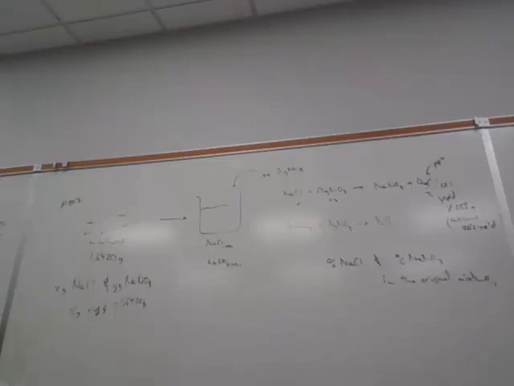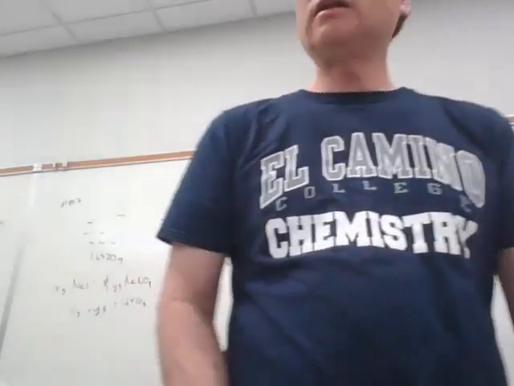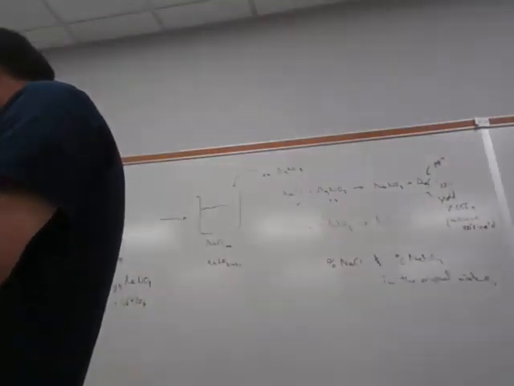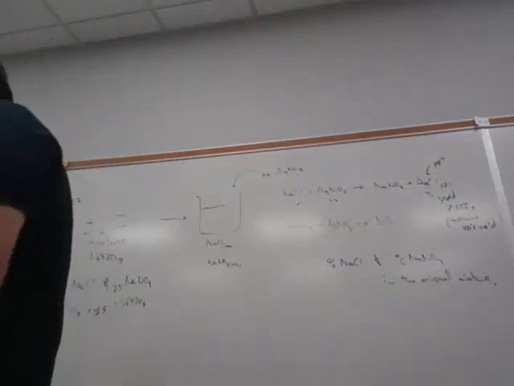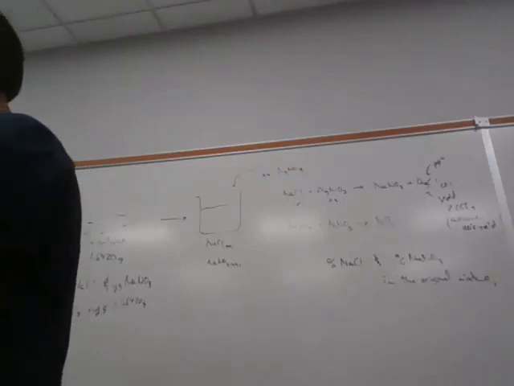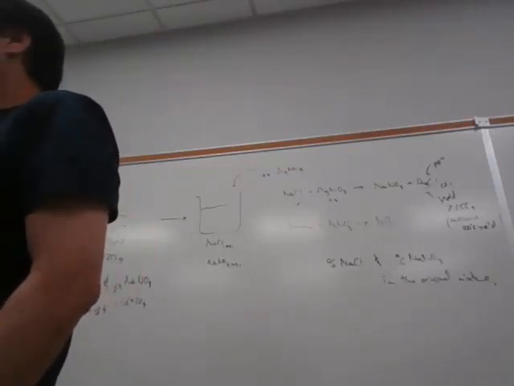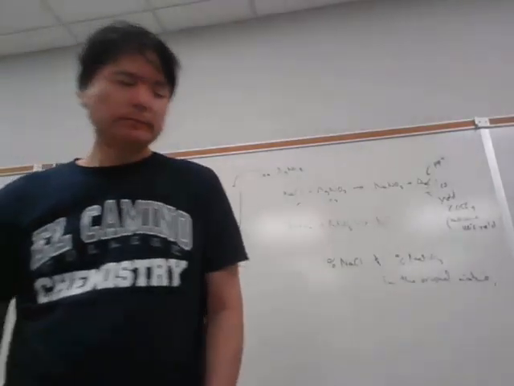What's the charge on silver? +1. There are always about 5 people every year who tell me that silver is +2. Silver, remember, is not +2. Silver is always +1.